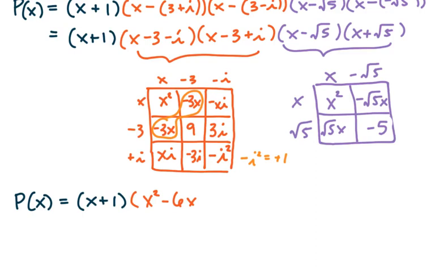What you should notice about my i values, negative xi, positive xi go away. 3i and negative 3i go away. And then I'm left with 9 and negative i squared. That's 9 plus 1. So we end up with a plus 10.